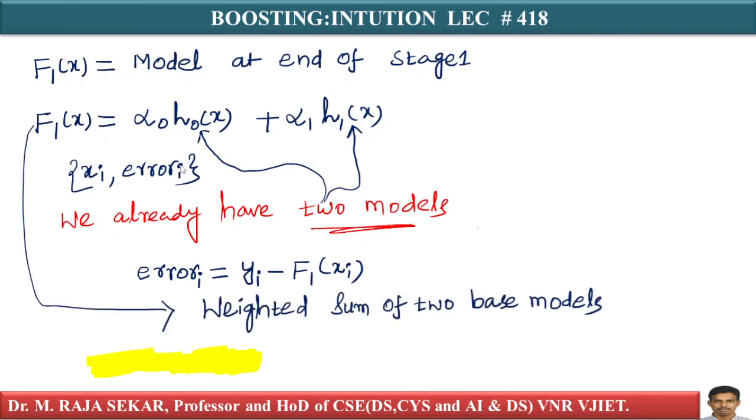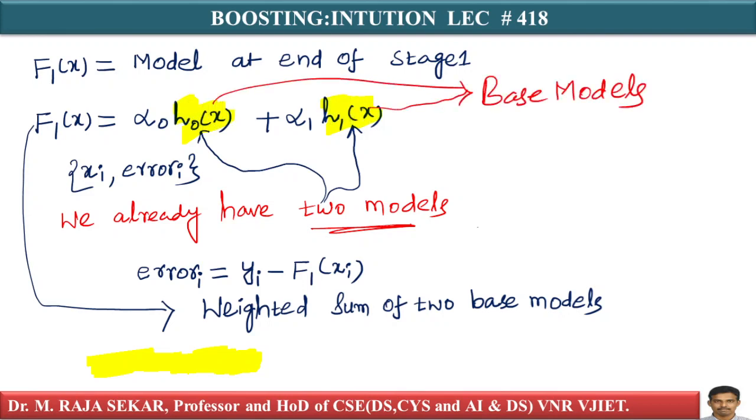We can think of this as a weighted sum of two base models. What are those two base models? Base model h naught of x and base model h1 of x. Now I will try a model m2 on this.